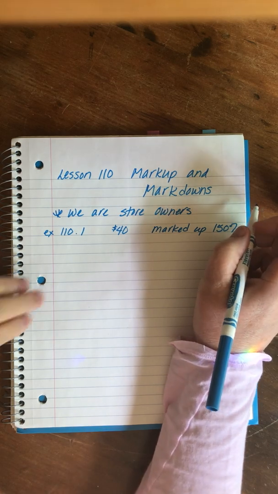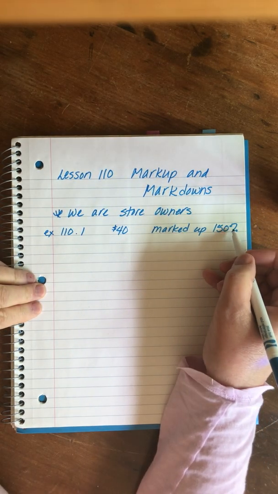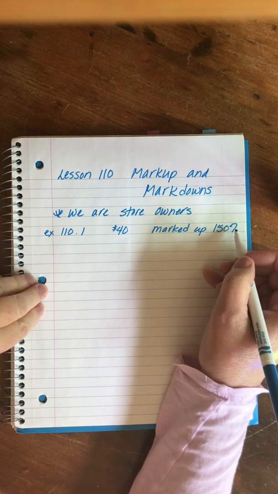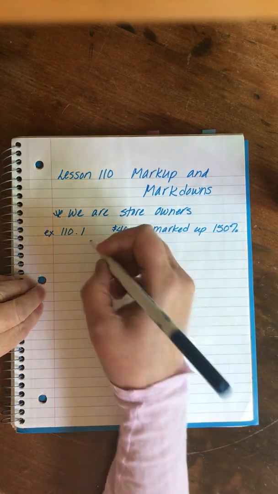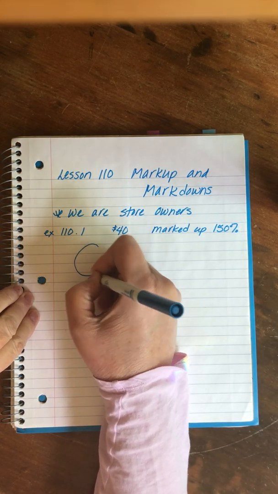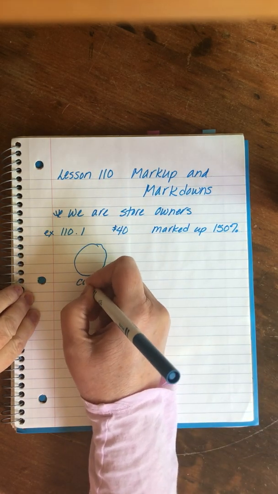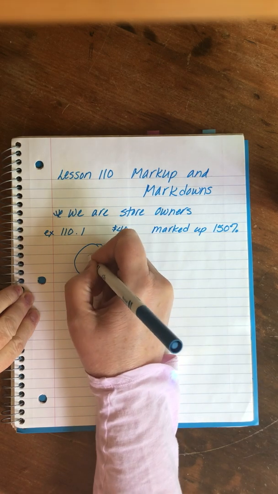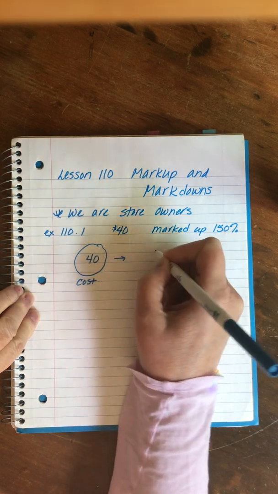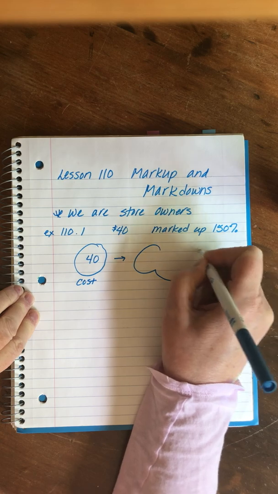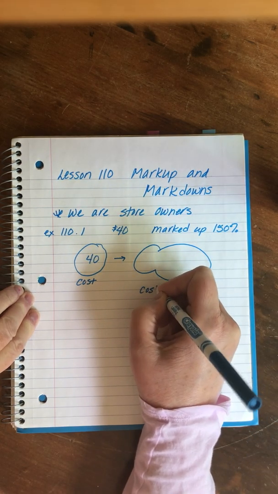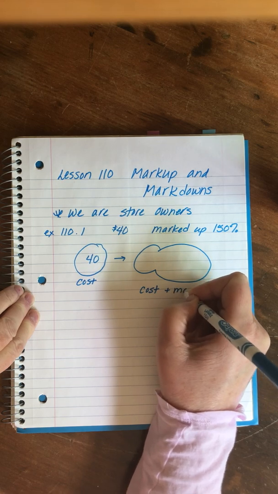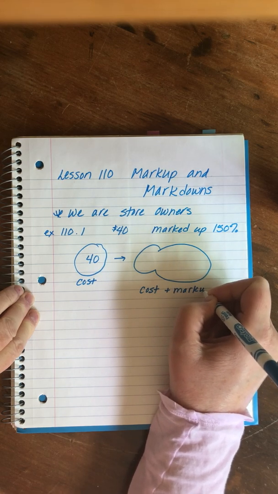Okay, so the price went up 150%. So one way to look at this, one way that I like to do it, is this was his cost of the dress, $40, and then this becomes a story, because what he's going to sell it to the customers for is the cost plus the markup.